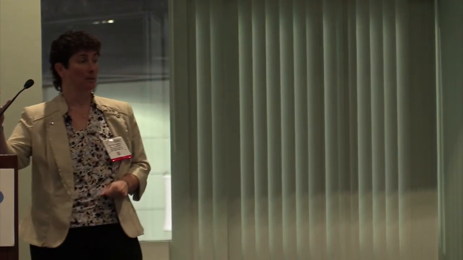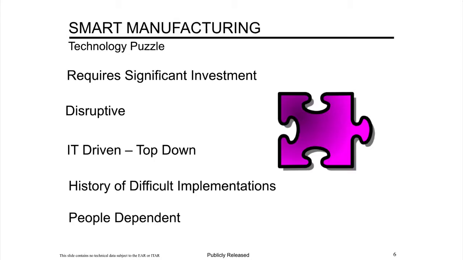So no longer can we have a puzzle piece that is top down, buy the next best thing, right? It's got to be process driven. And then it's very people dependent. So when you get new software and when you get new technology, how much does it disrupt the factory? How much does it disrupt production? It disrupts it a lot, right? Because they come to you and they say, I need 10 people.